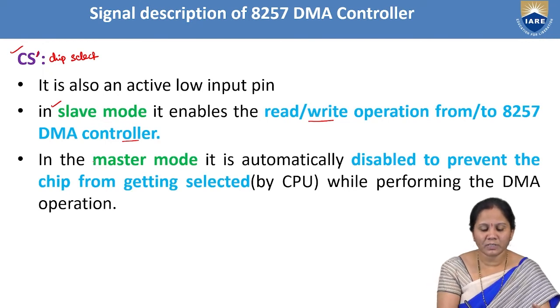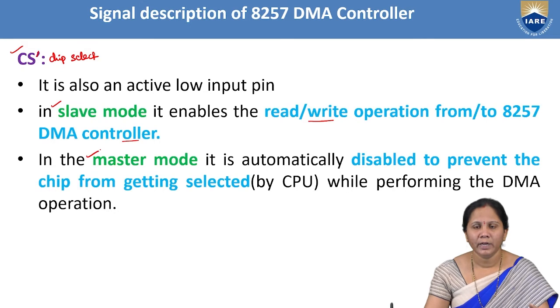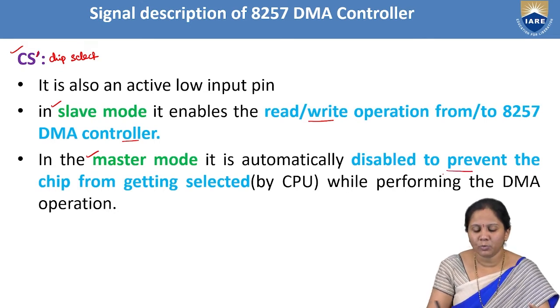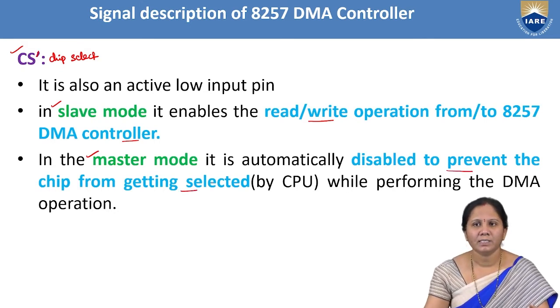And when this 8257 is operating in the master mode, it is automatically disabled to prevent the chip from getting selected by the CPU while performing the DMA operation. So the chip select signal has a different function in the slave mode and a different function in the master mode.